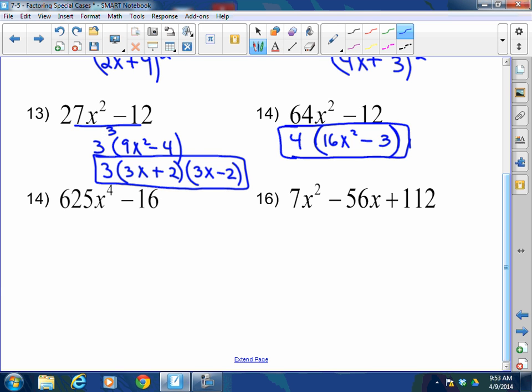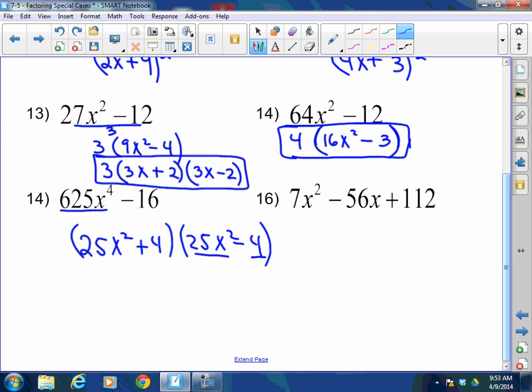Okay. Next. Whoa, look at this crazy number. No big deal. That is a perfect square. It's actually 25x squared, right? Plus 4. And then 25x squared minus 4. Now, we're done, right? No. Guys, is that a perfect square?